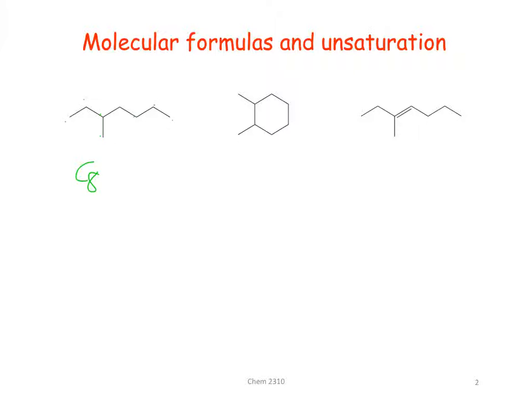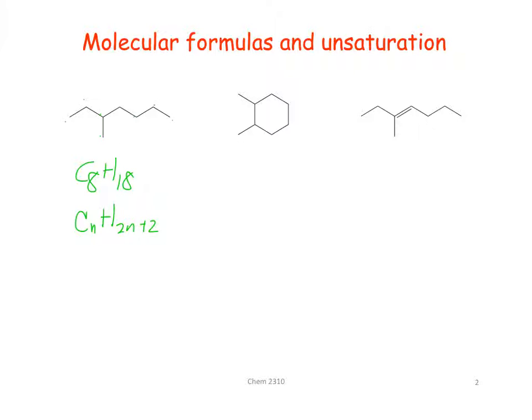So can we come up with a number of hydrogens without having to go through and count all of the hydrogens that would be attached to those carbons? Yeah, we can, because we know that for alkanes, there's a generic formula that's for Cn, and for every carbon, there's 2n plus 2 hydrogens. Right? So for 8 carbons, 8 times 2 is 16, plus 2, we would have 18 hydrogens.